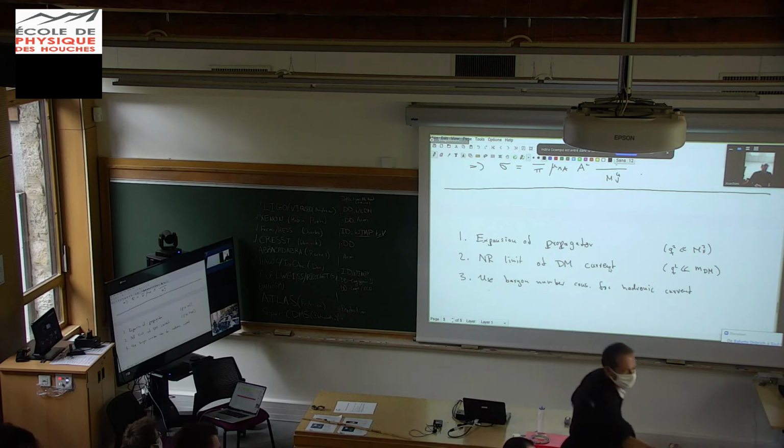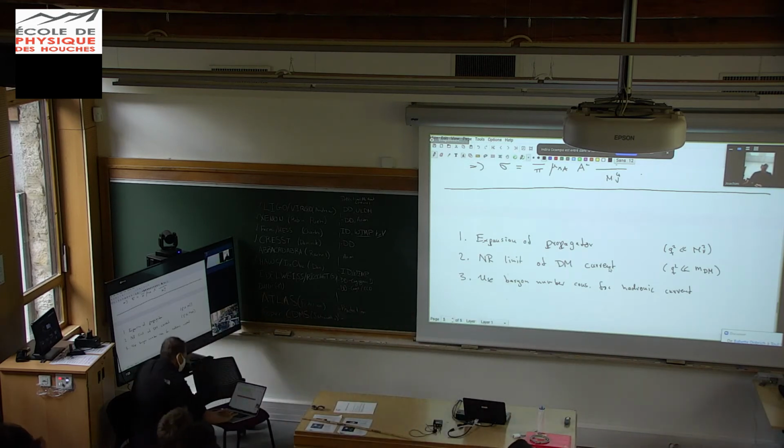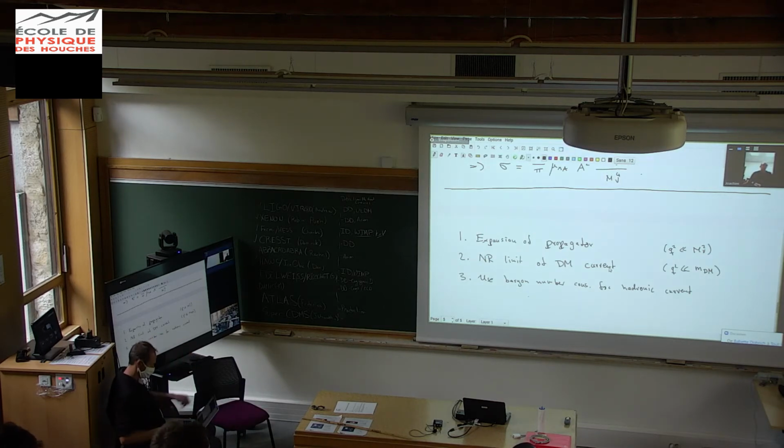And then we will also talk about what to do with the hadronic currents. The hadronic currents problem is the most complicated because we need to both take the non-relativistic limit, and we have the complication that there are low energies in the non-relativistic low energy regime. These baryons are just bound states of quarks, so they're non-perturbative objects. So we need to see how to deal with this.